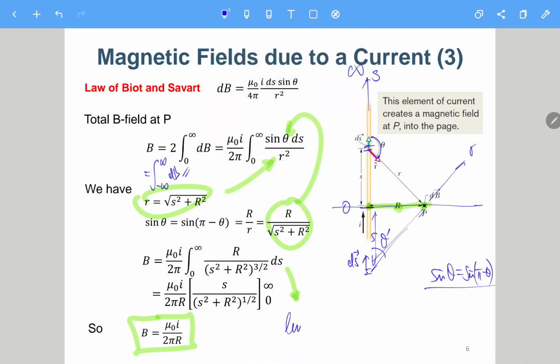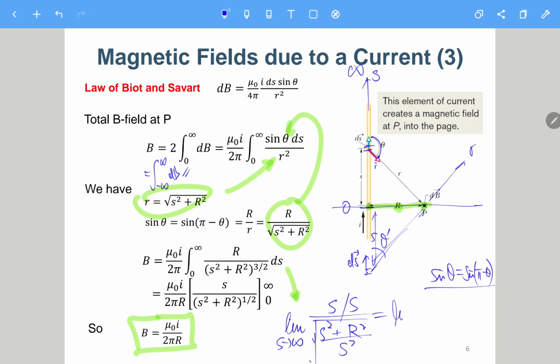if you plug in limit s tends to infinity, and then here we have s over square root of s squared plus r squared. So we divide s on both the denominator and numerator, and inside the square root it should be s squared.